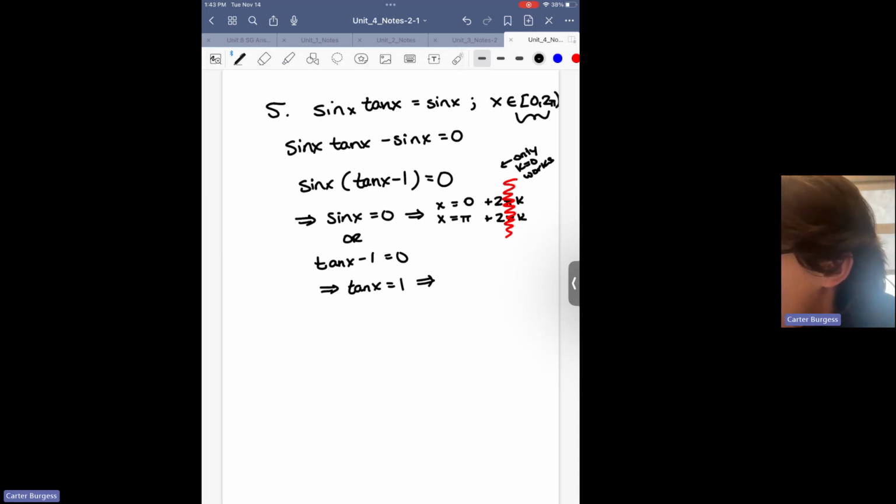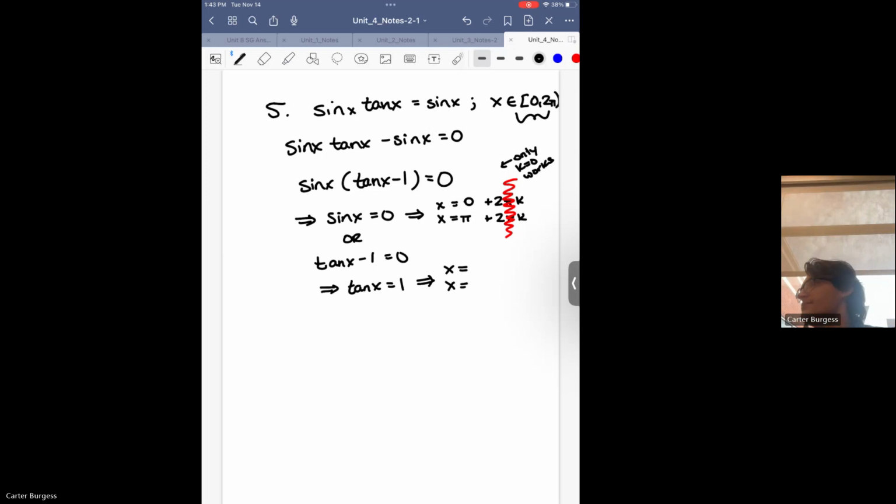What are the angles that I get from tangent of x being equal to 1? 45 degrees, in radians, pi over 4 is one of them. And then what's the other quadrant where tangent is positive? 3. So this would be 5 pi over 4.